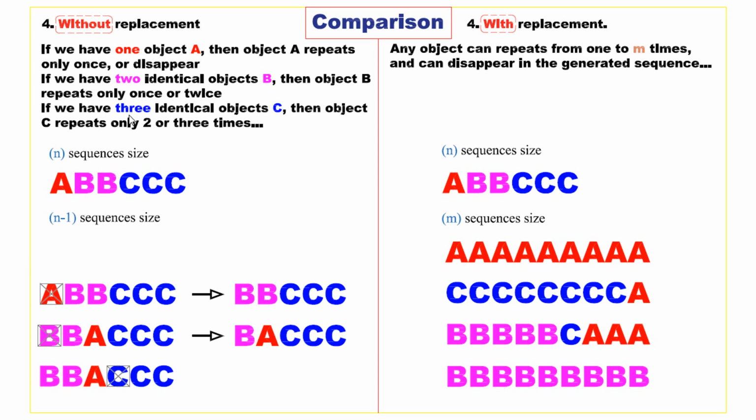And if we have 3 identical objects such as C, then we can cancel 1 C here and we may end up with 2 C's only, or we may not cancel the C, cancel another object, and we will get 3 C's. So if we have 3 identical objects C, then object C repeats only 2 or 3 times, and no more and no less.